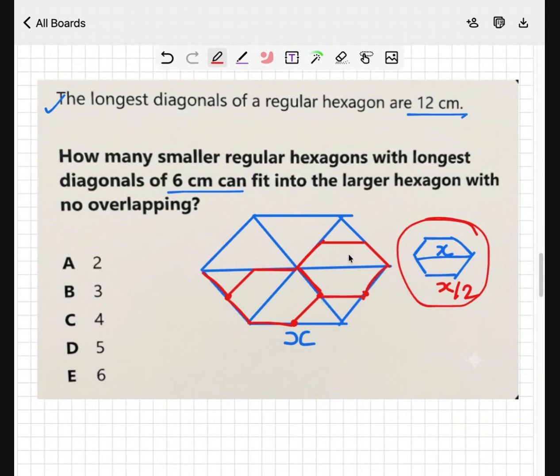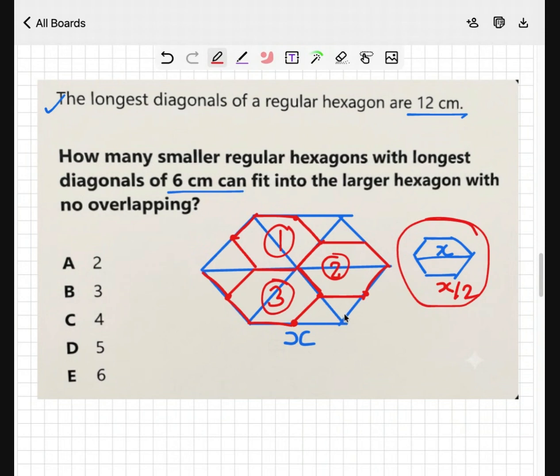I got my second hexagon fitted and I still have some space left here. Let's see if I can utilize this space. If I split it in half here and go parallel to join here, I got the third one here. So I've got one hexagon, two hexagons, three hexagons fitted by joining the points here. I hope that was clear.